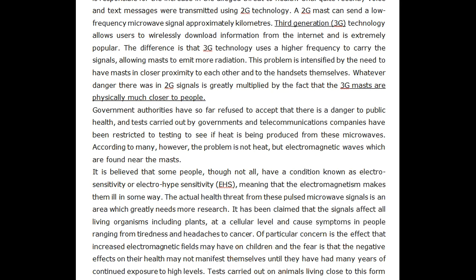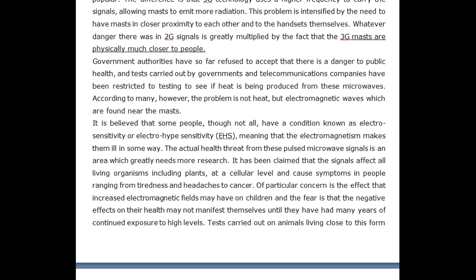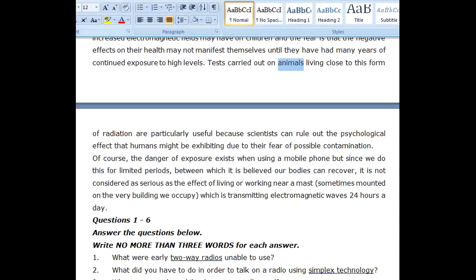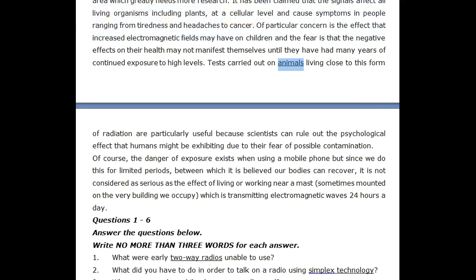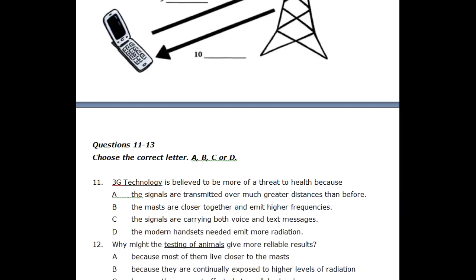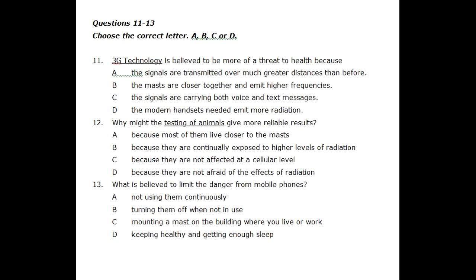Animals, okay, it was there, so you have to be careful. So on animals living, right? And by this time I have forgotten what the question was, so I have to go back to see. So you have understood how attentive you should be.